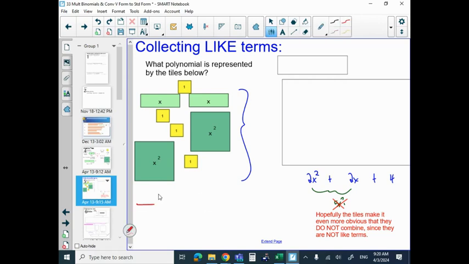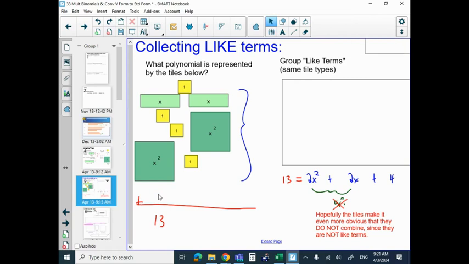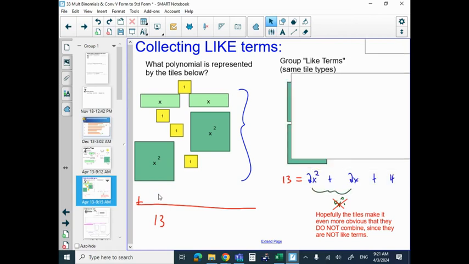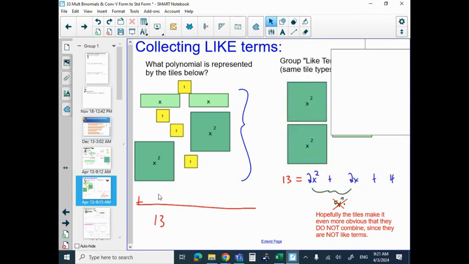If we added all of this up and said that's equal to 13 or something like that, then there'd be an equal sign here, and now it's an equation.